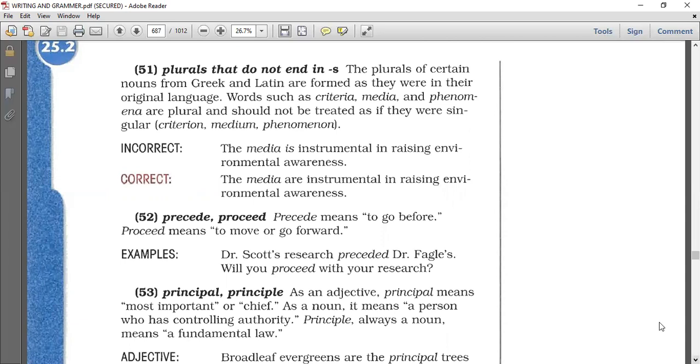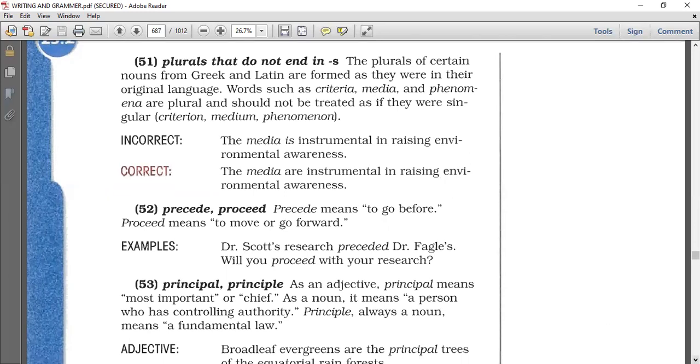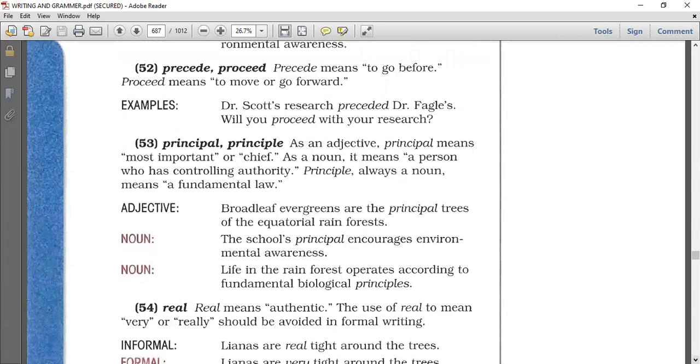Similar words are criteria, because the singular is criterion; phenomena, the plural of phenomenon; data, the plural of datum; bacteria, the plural of bacterium. So the bacteria are, not the bacteria is.